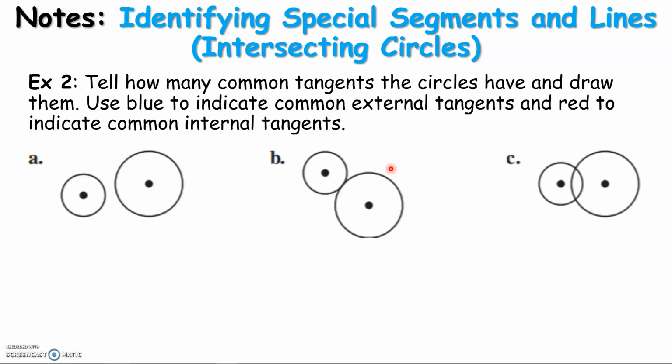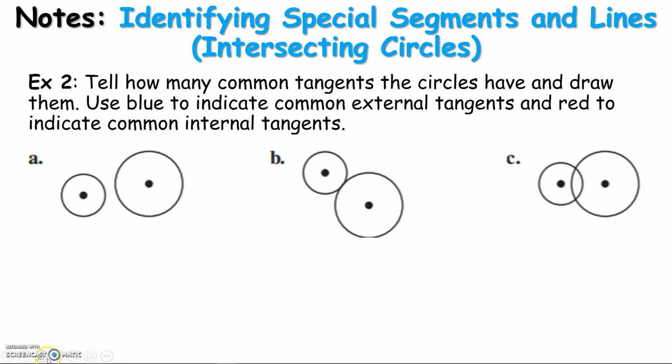Example 2. Tell how many common tangents the circles have and draw them. Use blue to indicate common external tangents and red to indicate common internal tangents. Let's start with part A. We're going to say that we have a common tangent if the line touches both circles just one time.